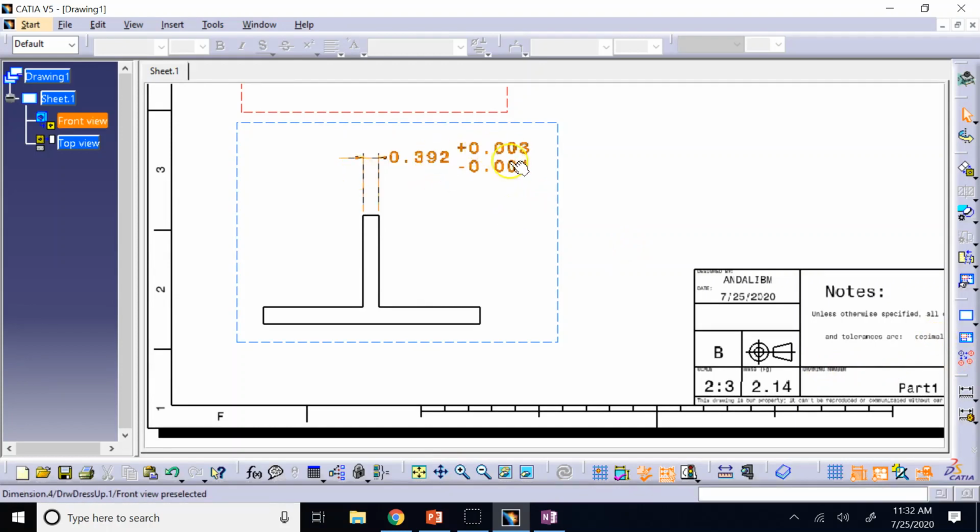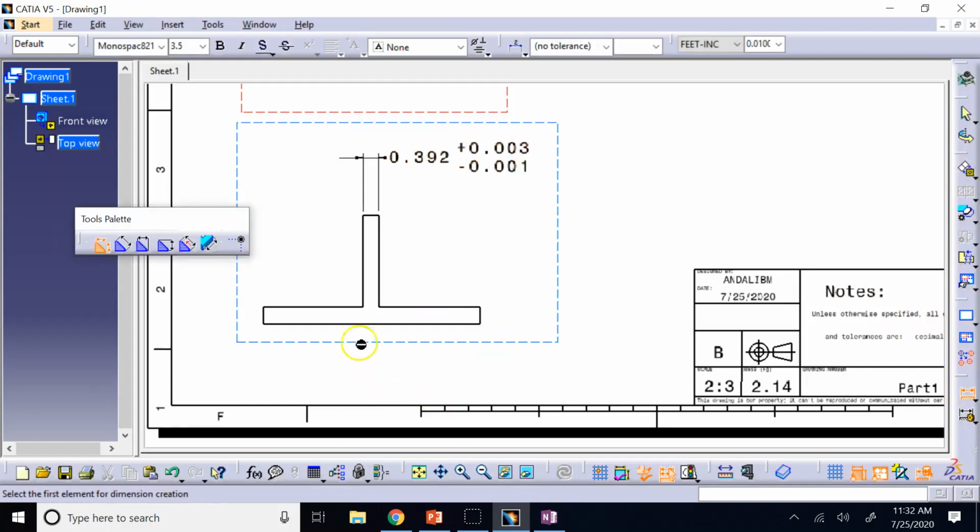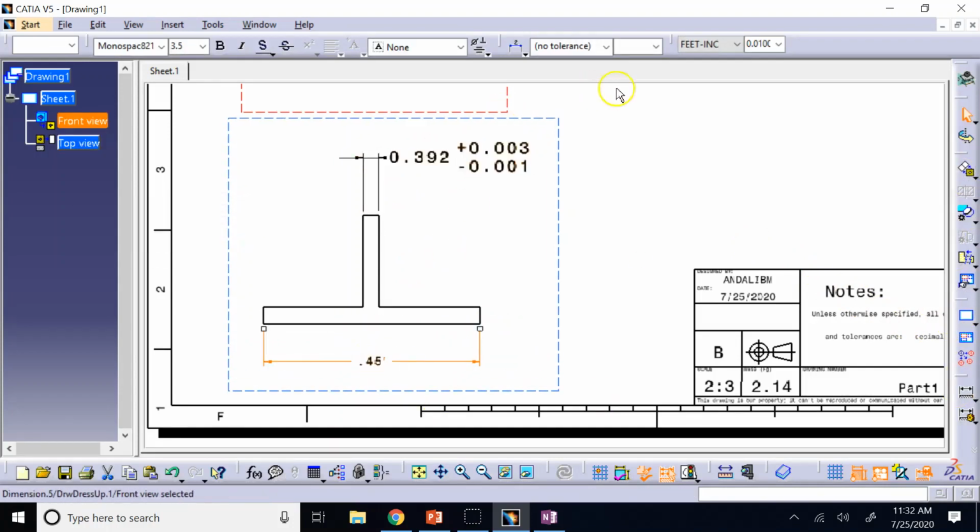If a dimension's tolerance is different than that plus and minus 0.002, then you show it on it. Otherwise, if you just provide a dimension here and you don't provide the tolerance for it, I know this guy is going to be plus and minus 0.02 without you even adding that here. So do not go ahead and add it, again, unless it's different. Okay, so that's called general notes.